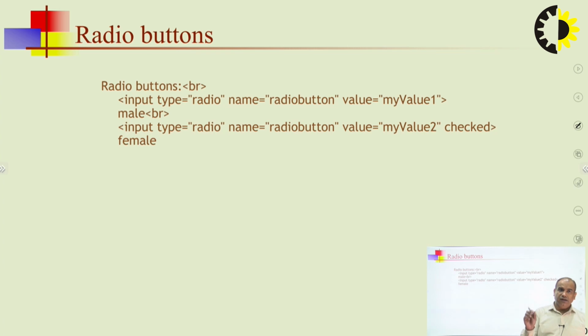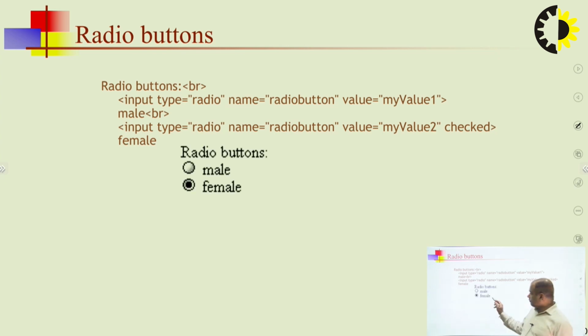We make the second option checked. The first option is male, the second is female. You will see the result here. Radio buttons will appear, first male and second female. You will see in the output female is checked, because we made checked the default. In the initial state female will be checked.